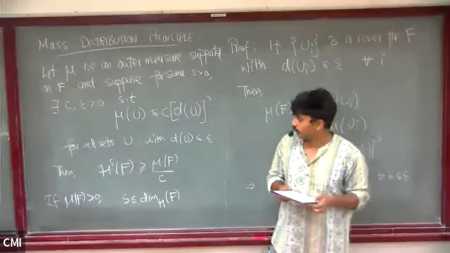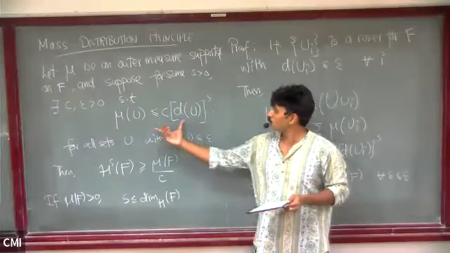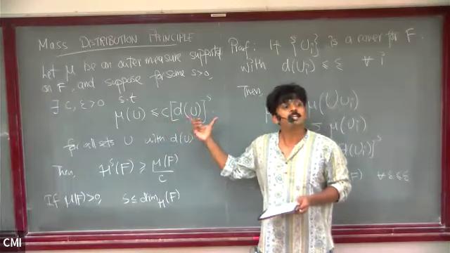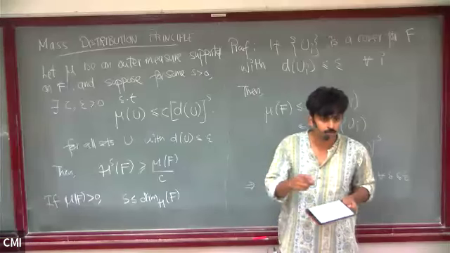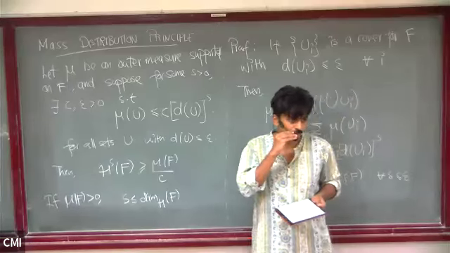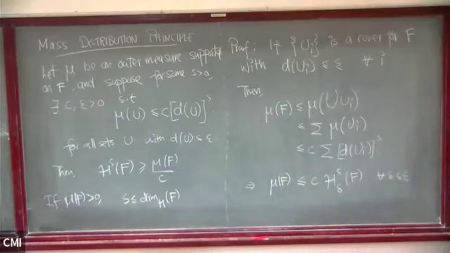In order for mu to satisfy this inequality, it has to be related to the mass distribution of the set F. So we will see that in the next example.